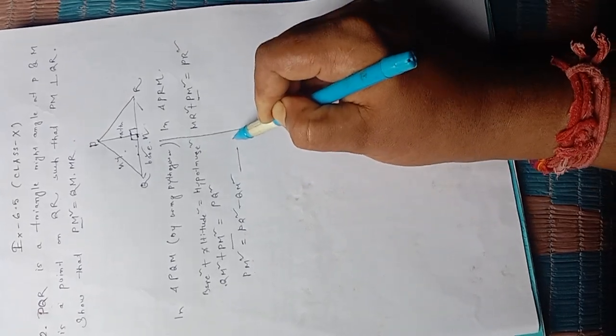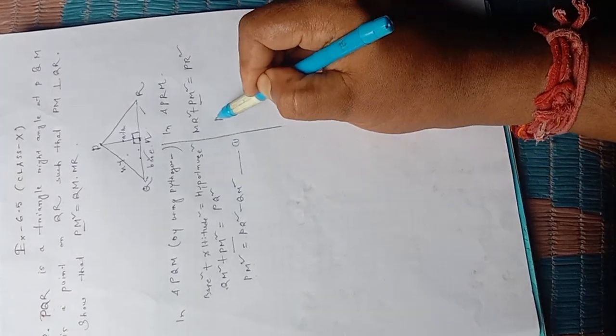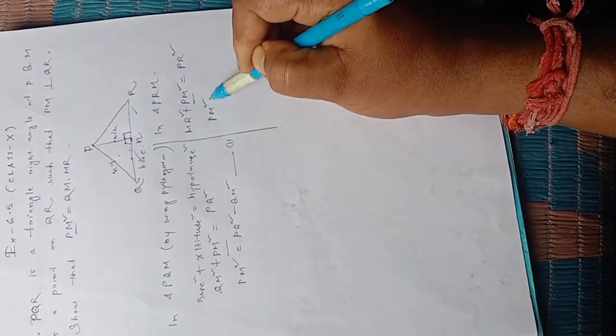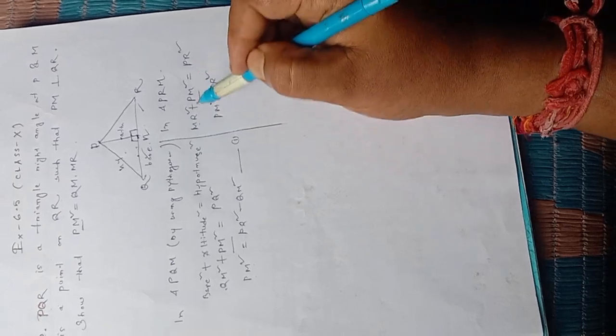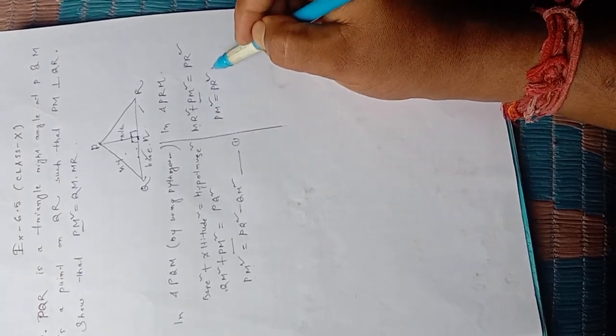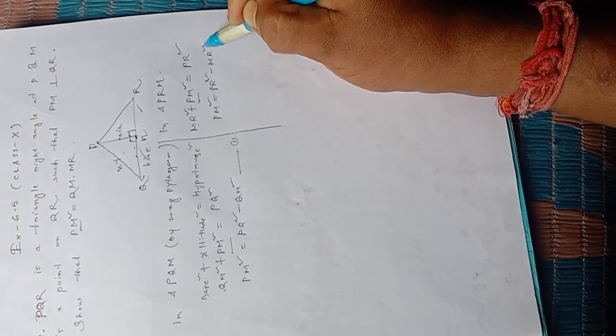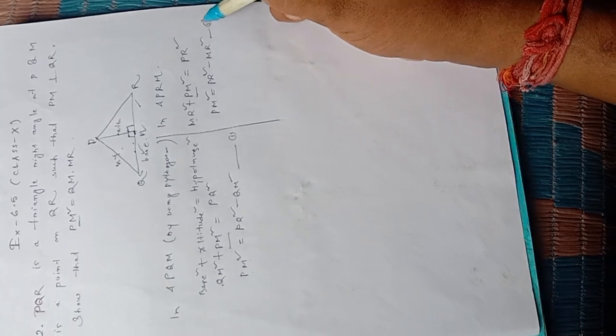Give it equation number 1. Here also do the same thing: PM square equal to PR square minus MR square. That will be equation number 2.